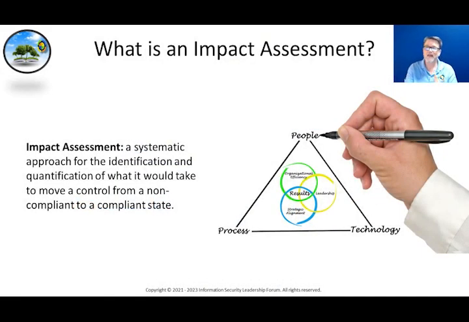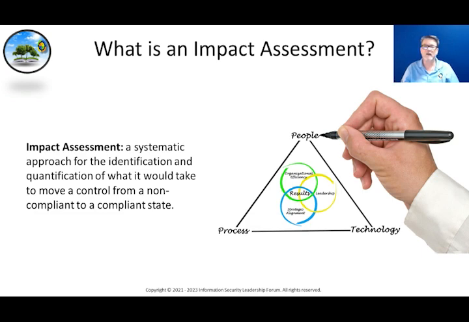Now that we've done the gap assessment, we go to the next stage, which is the impact assessment. That is a systematic approach for the identification and qualification of what it would take to move a control from a non-compliant to a compliant state. As simple as that.